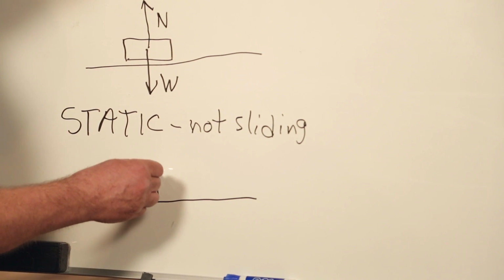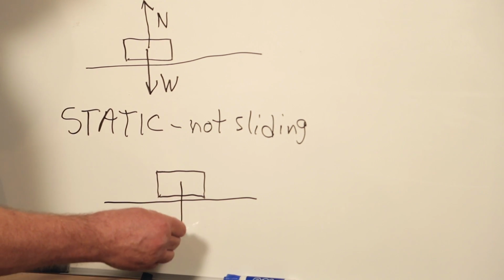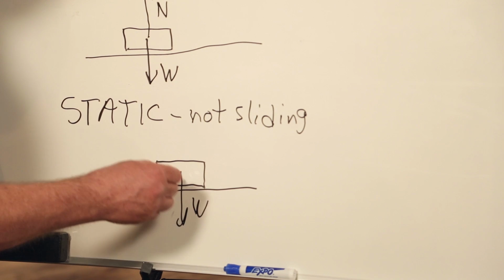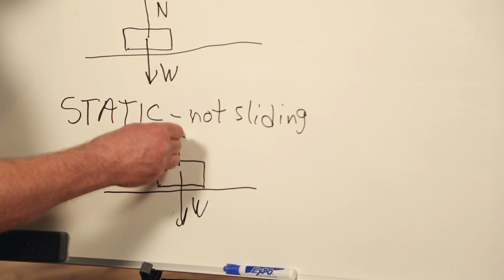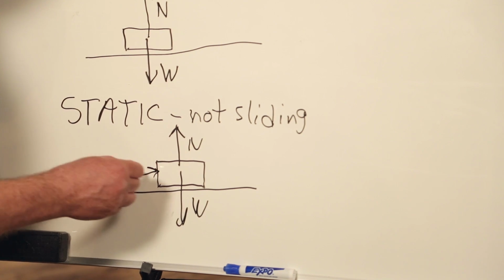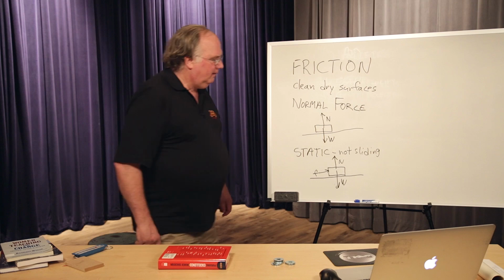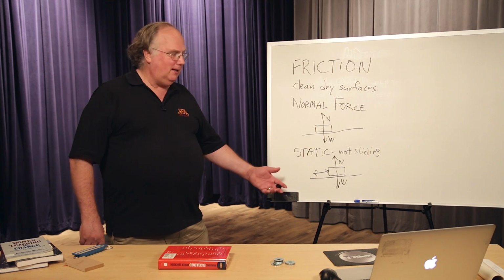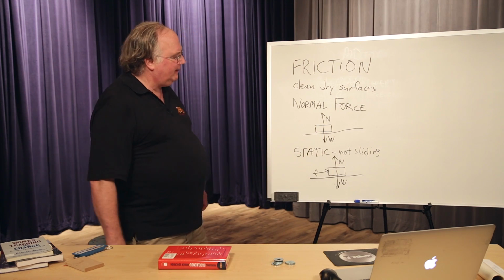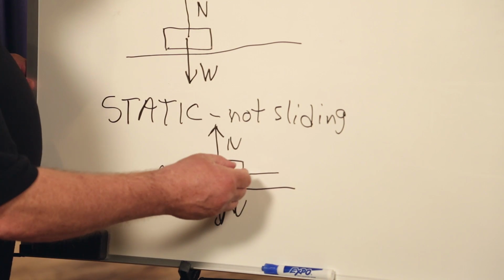Here we have our book sitting on the table. The book has weight downwards. It's got a normal force upwards. And now I'm putting a little tiny force with my finger on one side. And if that was all that was going on, the book would start accelerating that way. But it doesn't.